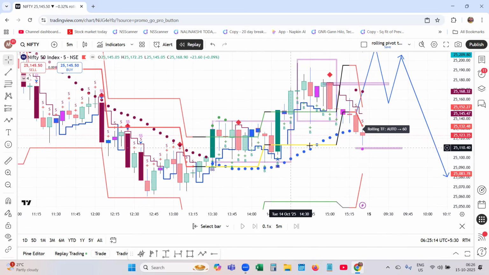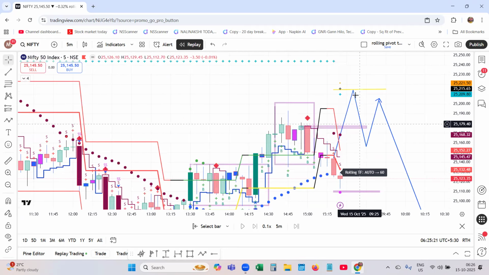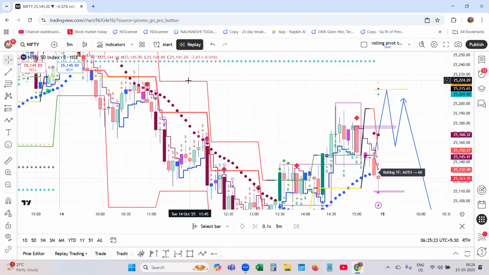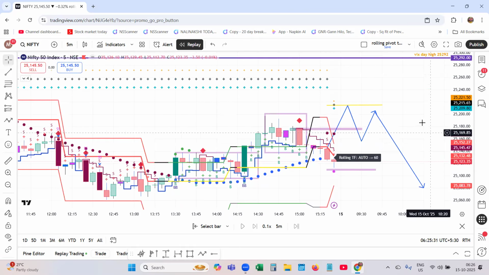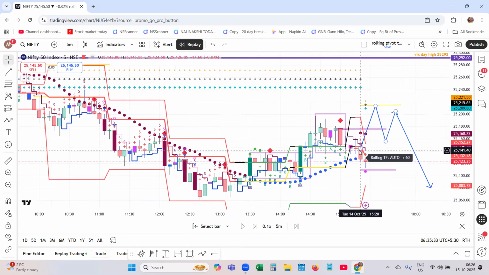It is in the area of this rolling pivot which has started. Then if they gap up, it is in the sellers' area. Where sellers have dominated over here, you need to be very careful unless you see the direction.